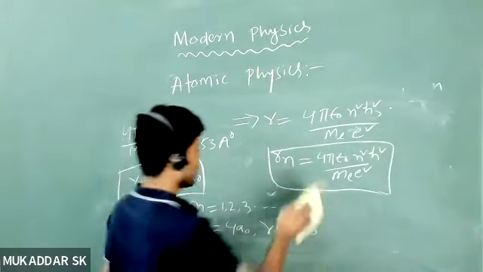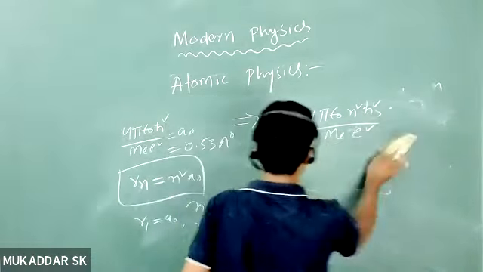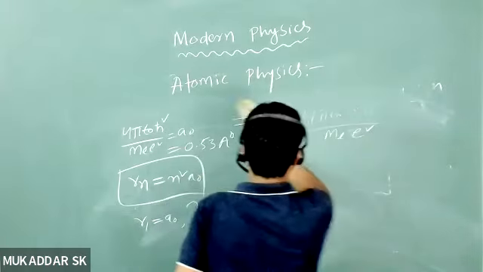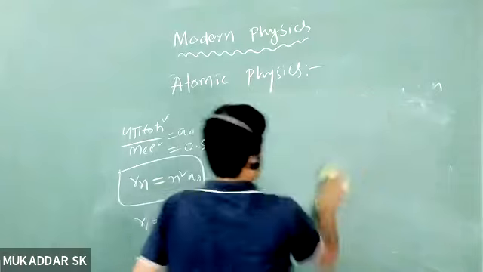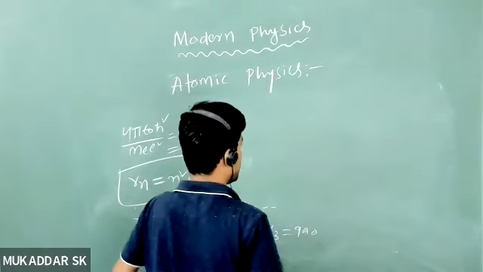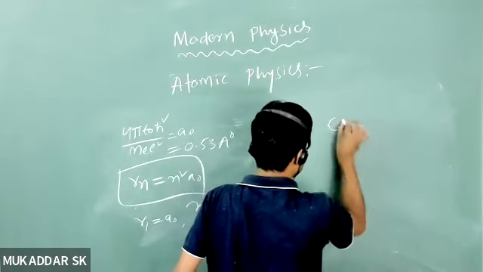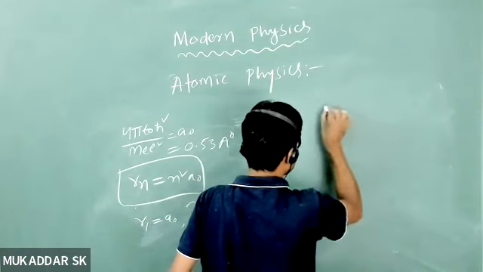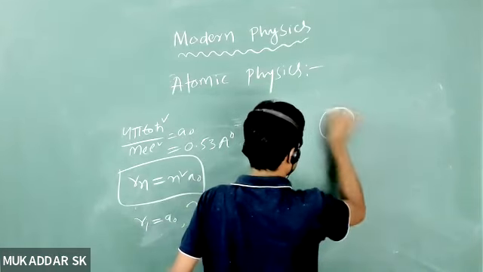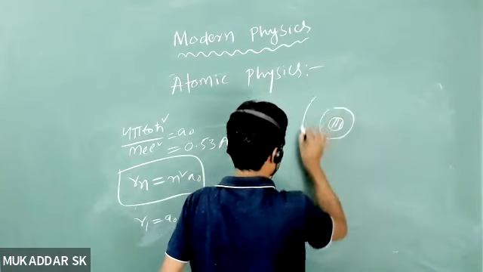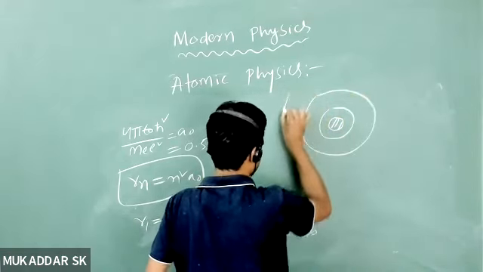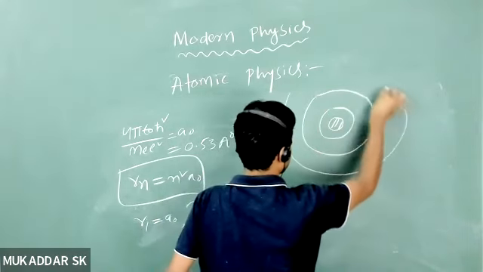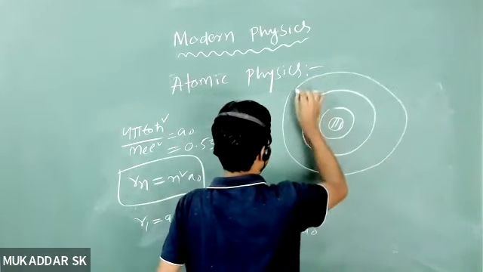Now if you draw the electronic orbits, this is your nucleus, this is your first orbit, this will be the second orbit, and this is your third orbit.